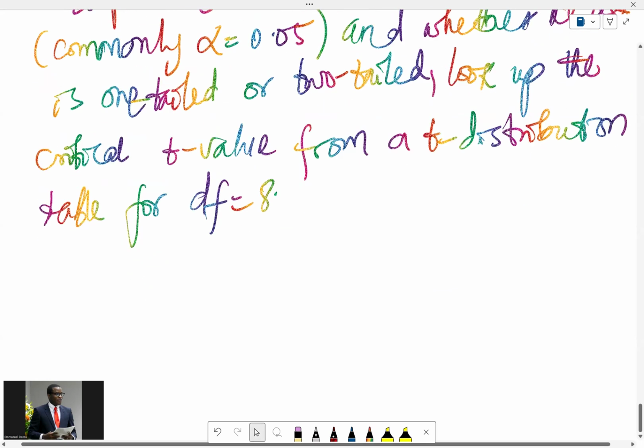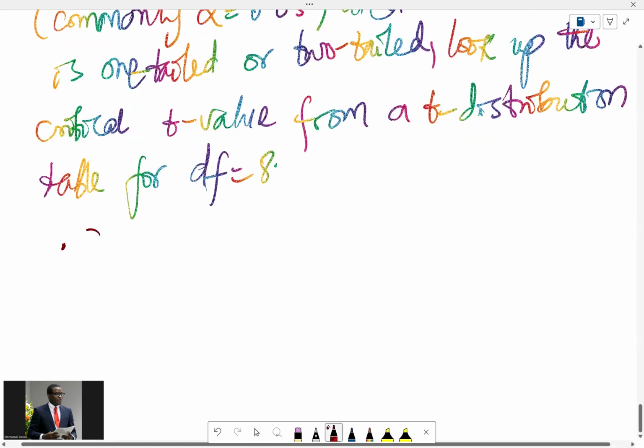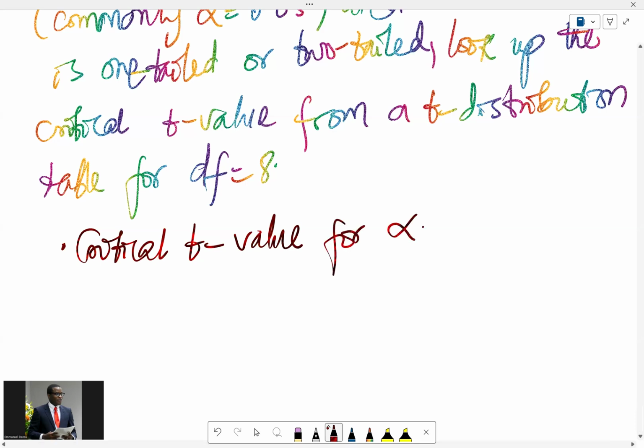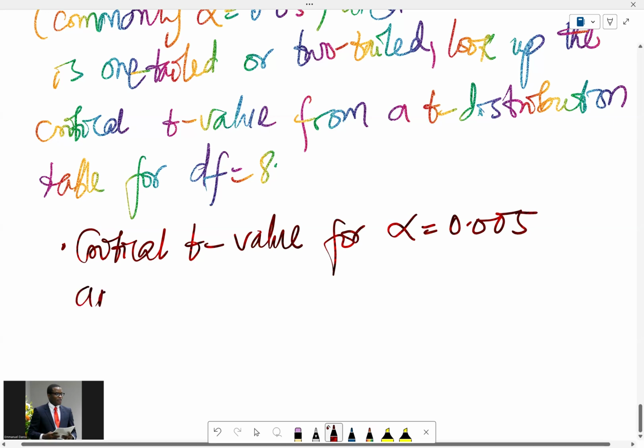So if you follow that, we just know that the critical t value for alpha equals 0.05 and degree of freedom equals 8, I believe for a two-tailed test now. Okay, yeah.